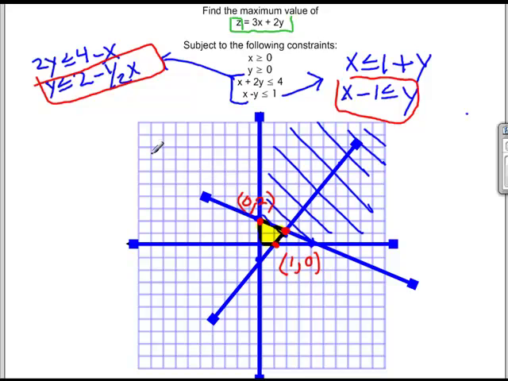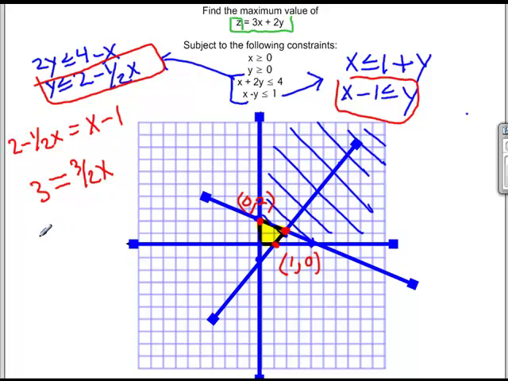So I'm going to set those equal to each other, and it's going to be 2 minus 1 half x is equal to x minus 1. We're going to get 3 is equal to 3 halves x, correct?